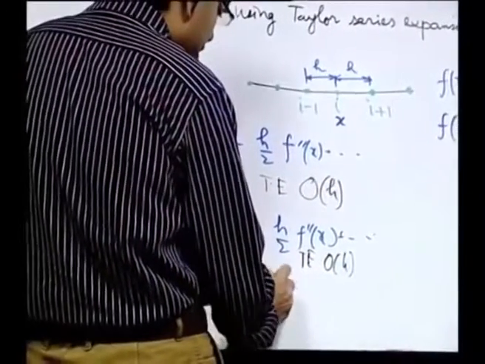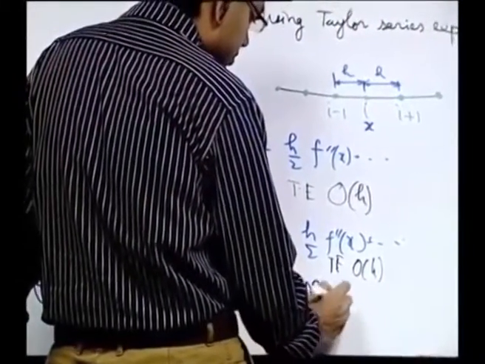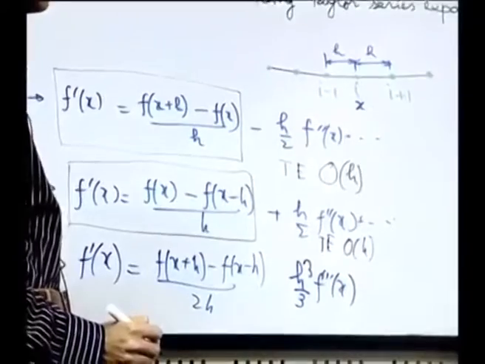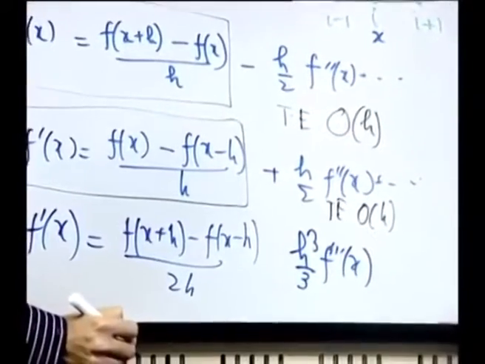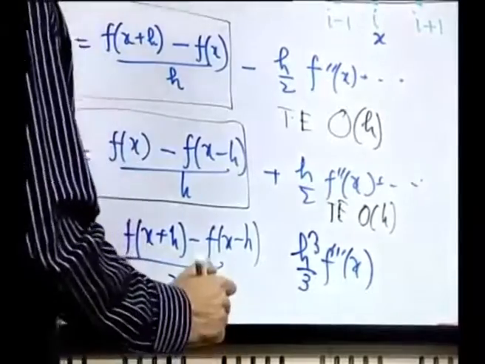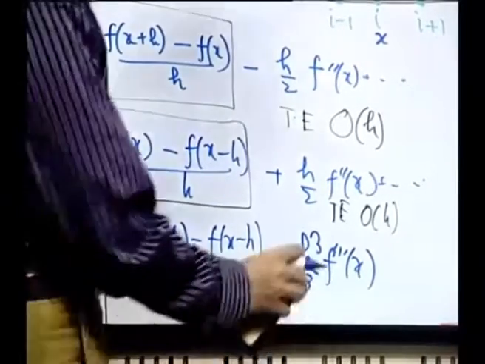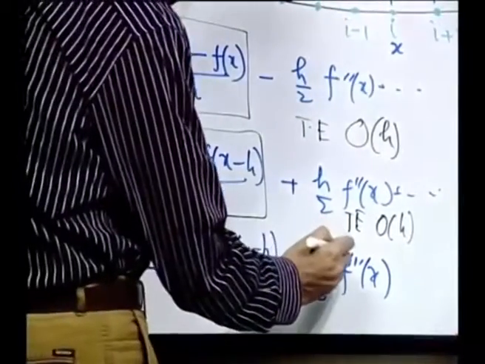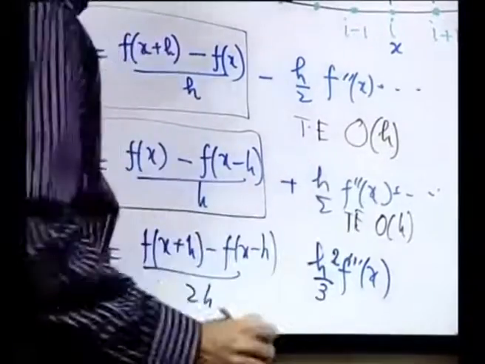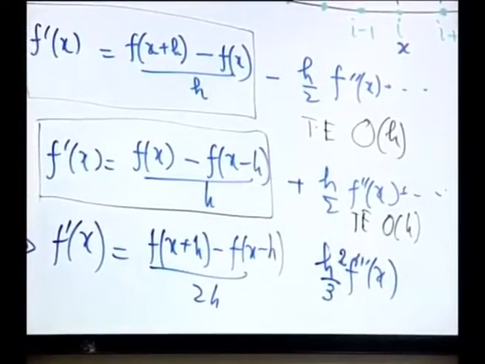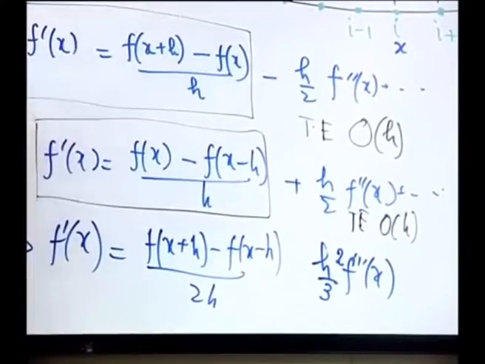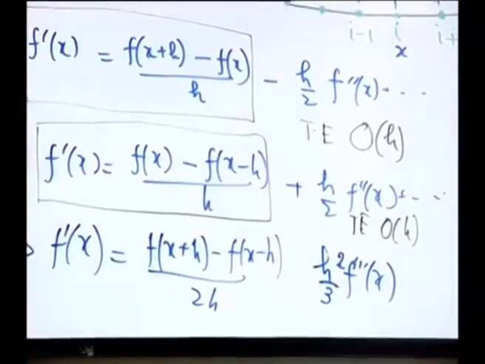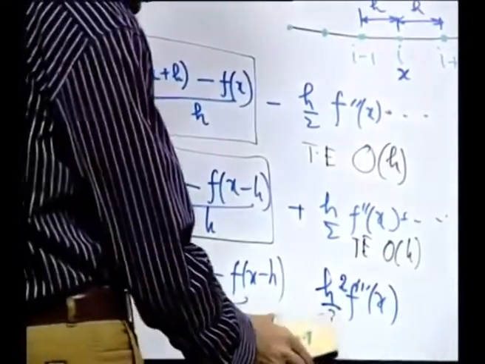So, h cube by 3 f triple dash x, divided by, so it is h square by 3 f triple dash x, because it was 3 factorial, multiplied by 2, so that it becomes 3, and divided by 2, yes.